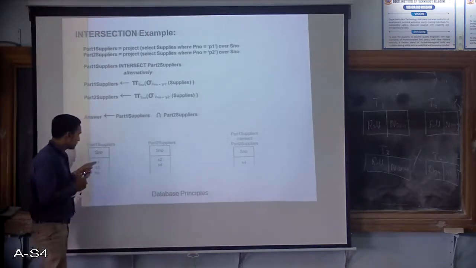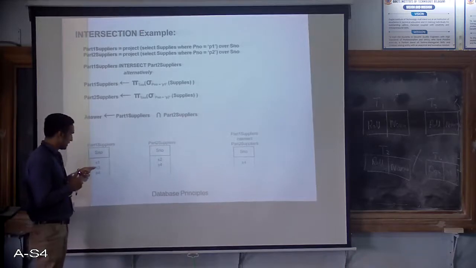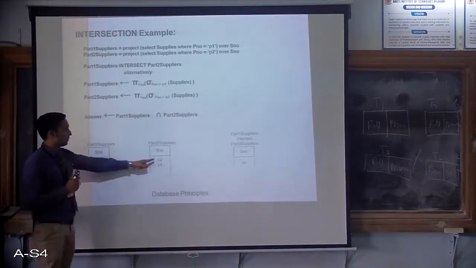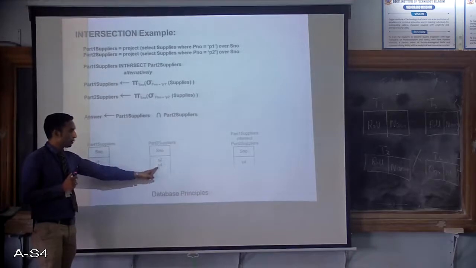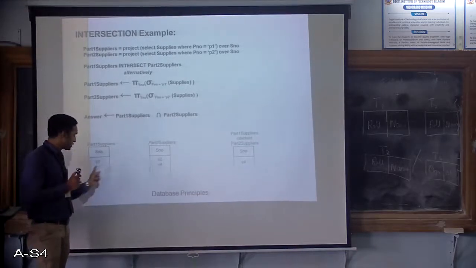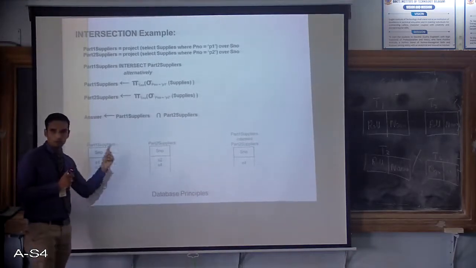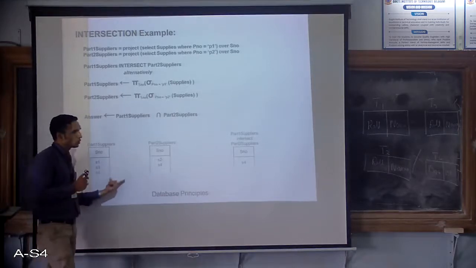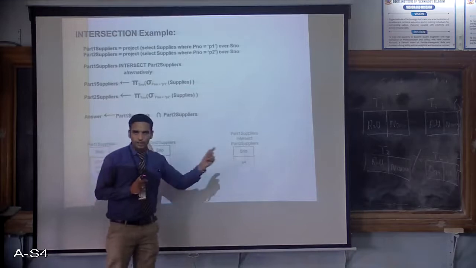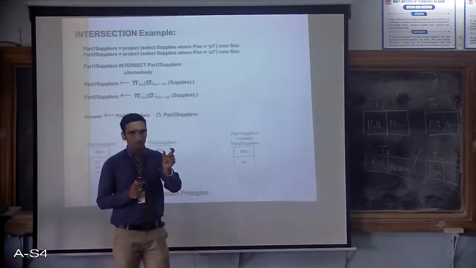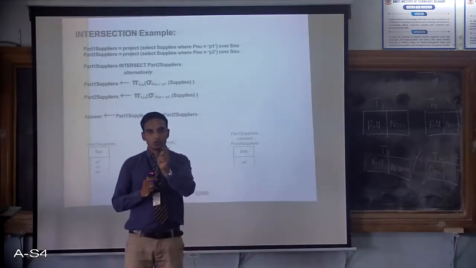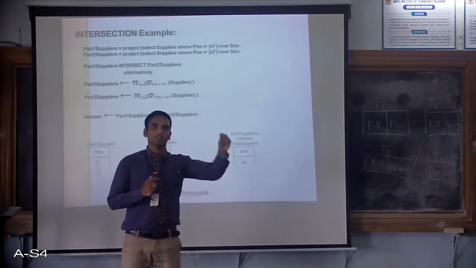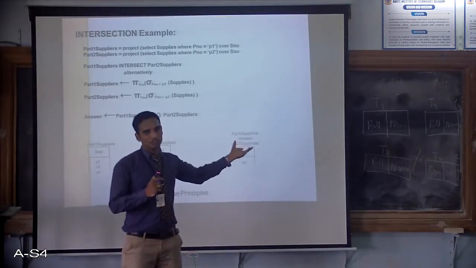S1 supplies part 1, S3 part 1, S4 part 1, S2 part 2, S4 part 2. So supplier S4 is the one who supplies both part 1 as well as part 2. So he should be in the output list. Getting it? What I mean by intersection? It's nothing but the common element. From both the results, only common elements are fetched and displayed, which is the intersection operator.